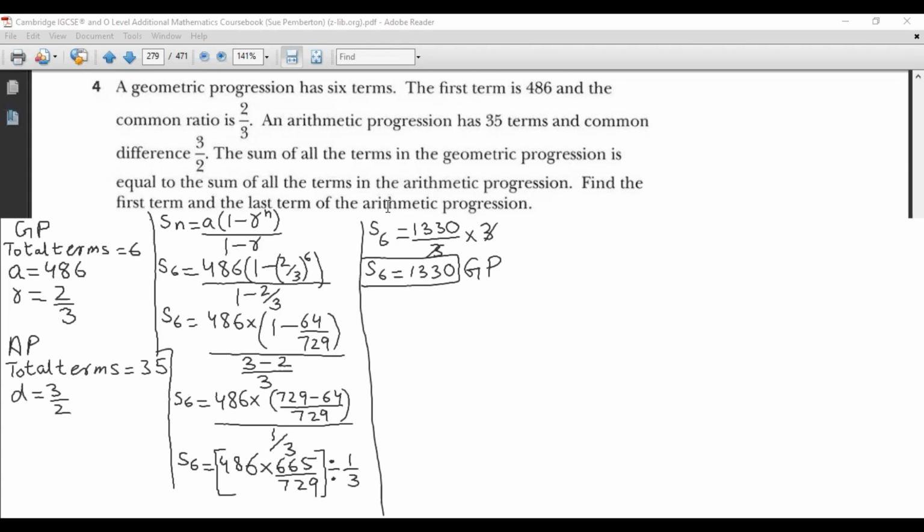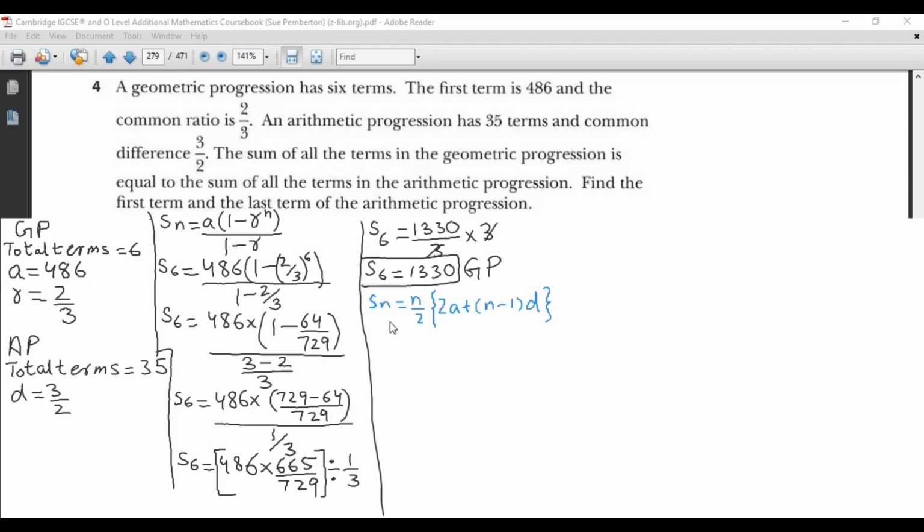For arithmetic progression, the formula of Sn is n upon 2 into (2a plus (n minus 1) into d). Now, as you can see, they have given us total number of terms and they have given us the difference, but they haven't given us any first term, so let's see what I can do over here.